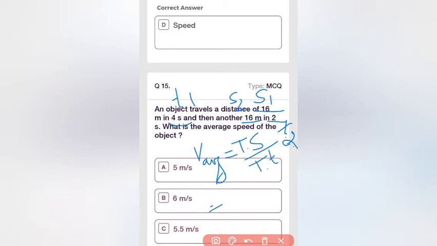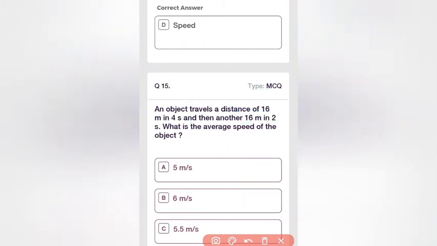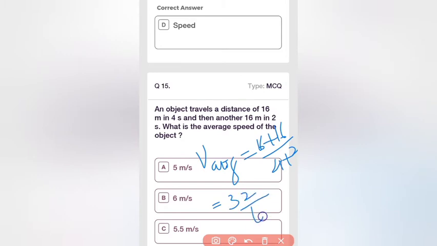So what is the total distance? Here in this case S1 plus S2 is the total distance. T1 plus T2 is the total time. So what will be the average speed? Average speed is equal to 16 plus 16 divided by 4 plus 2, which is 32 divided by 6.